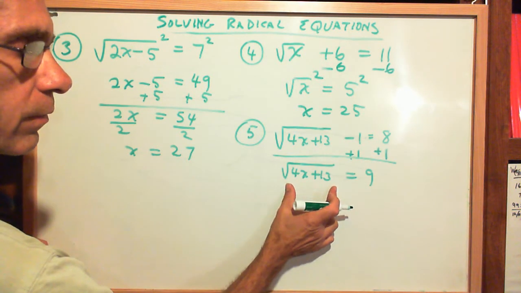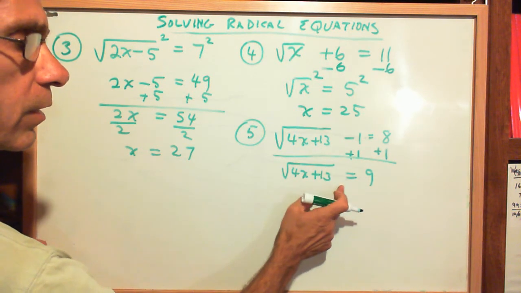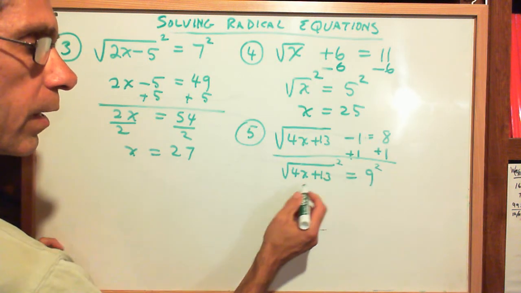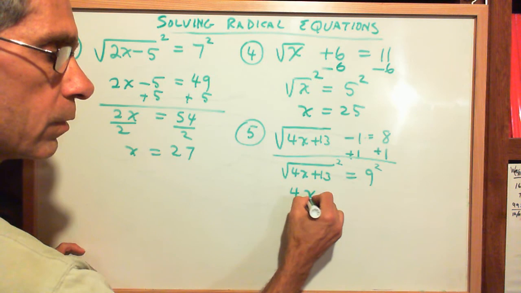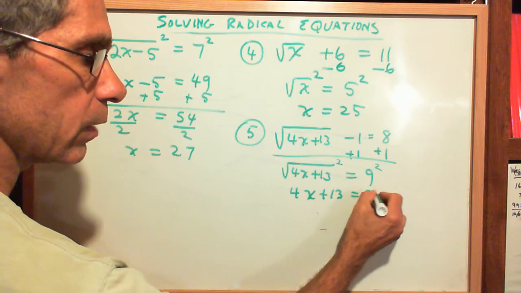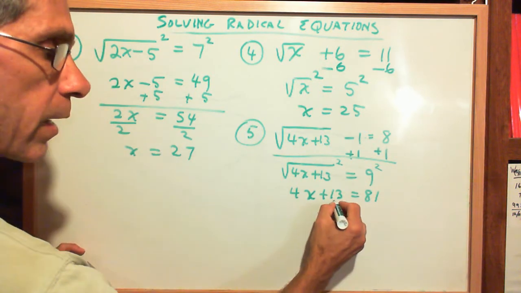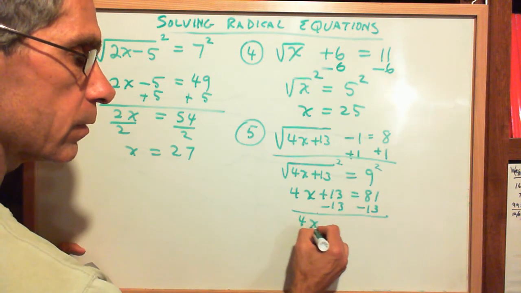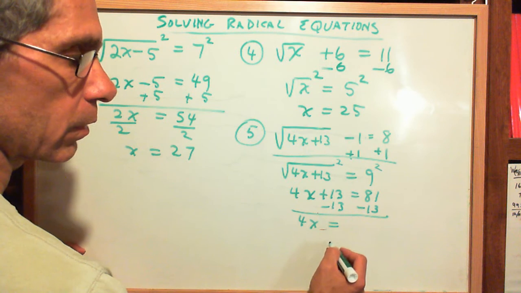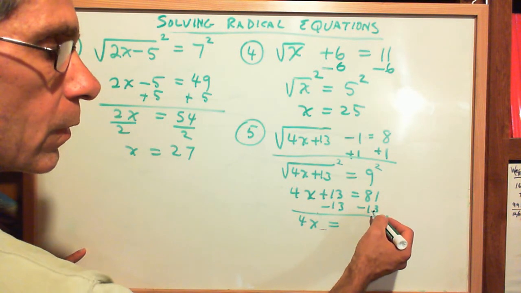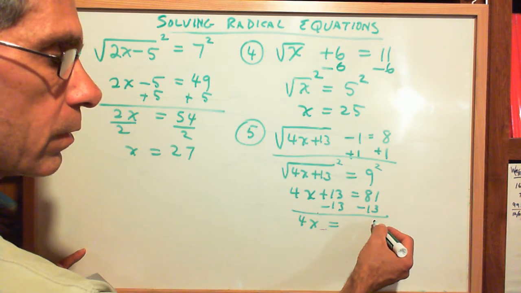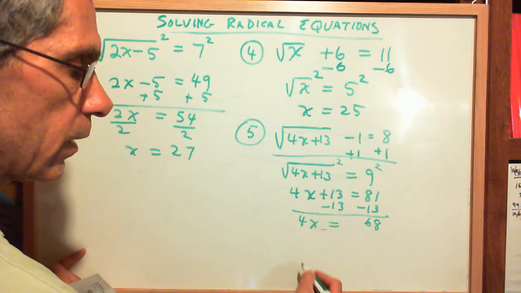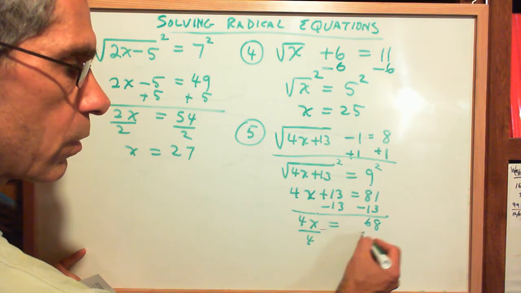Now that's isolated, right? That radical sign is isolated. There's nothing else after it or before it. So I'm going to square that, and I'm going to square that. That gives me 4x plus 13 equals 81. I'm going to subtract 13, so we've got 4x is equal to, I don't know, what is that? 68, right? So then I'm going to divide by 4, I hope I did that right.